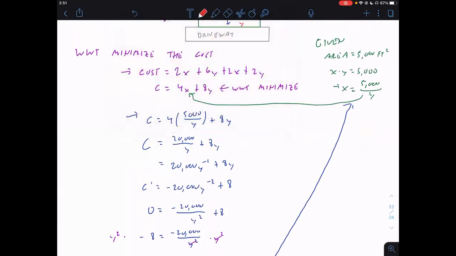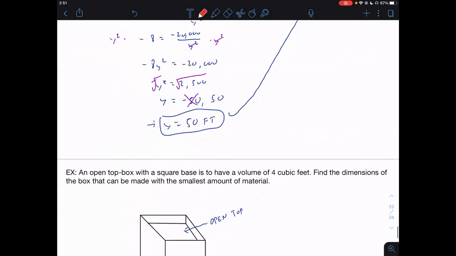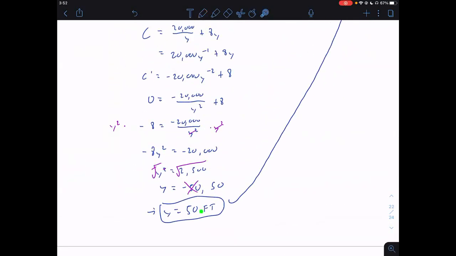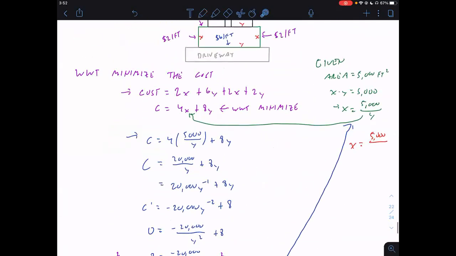So x equals 5,000 divided by y, and we got y to be 50. So 5,000 divided by 50 gives us x equals 100 feet.